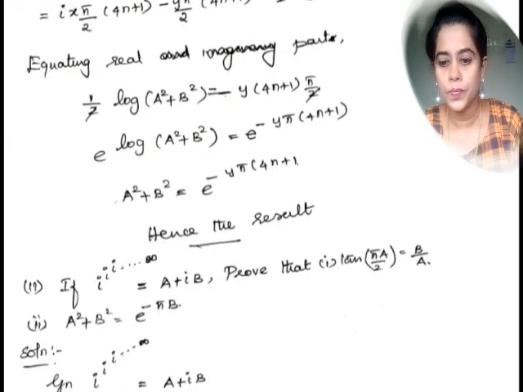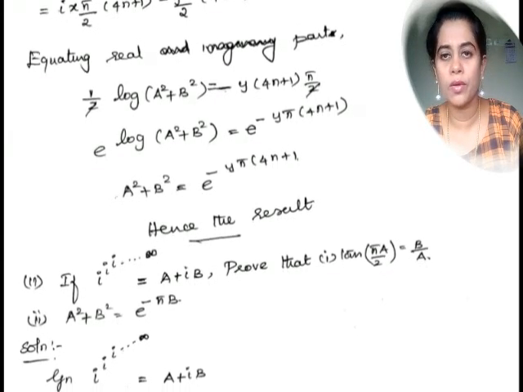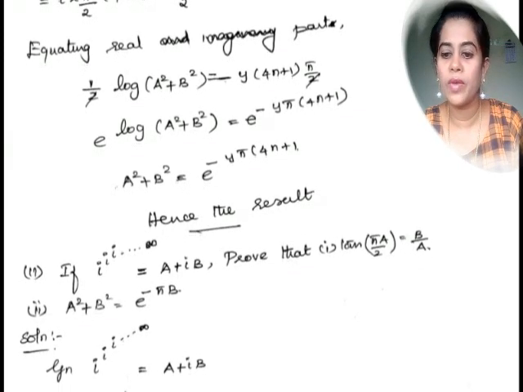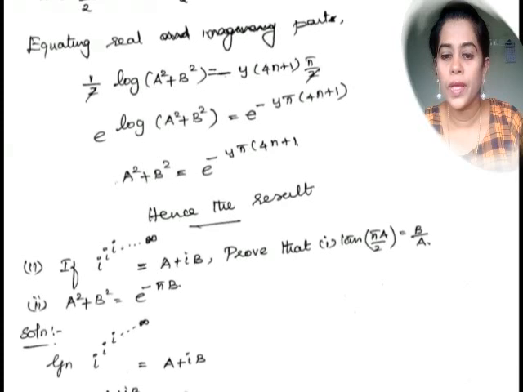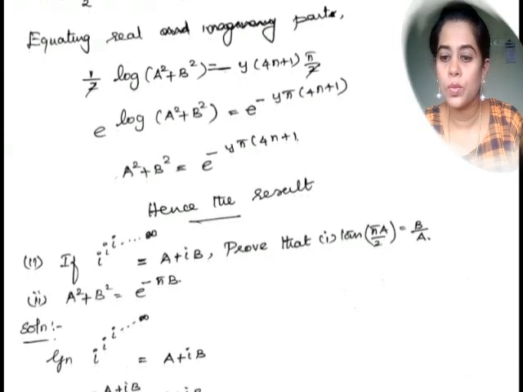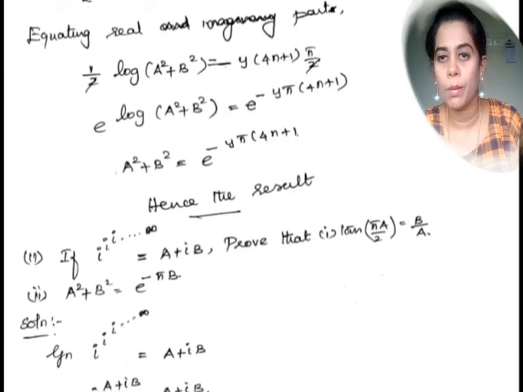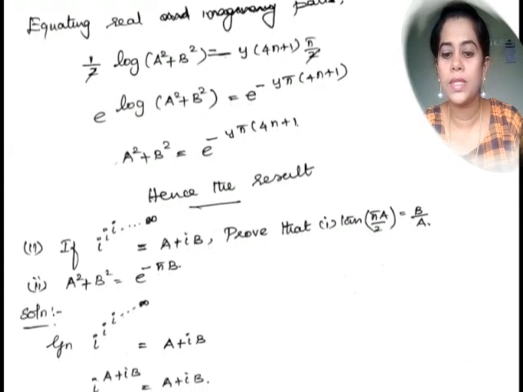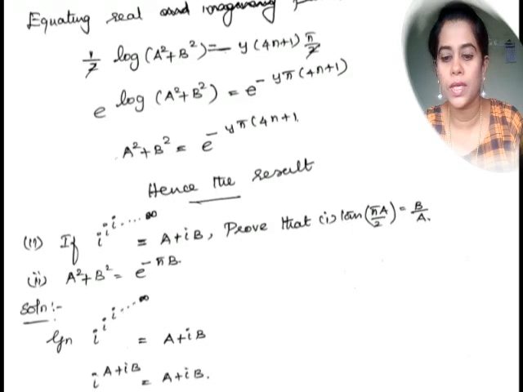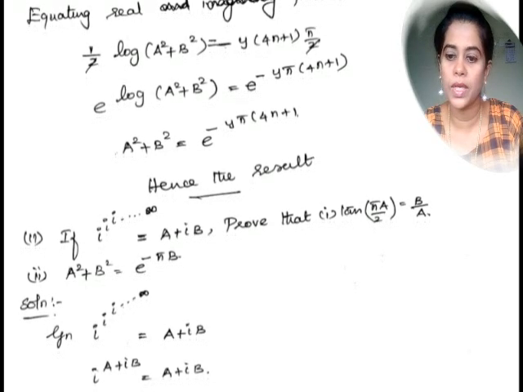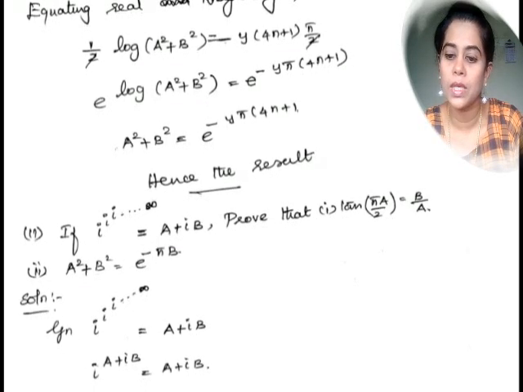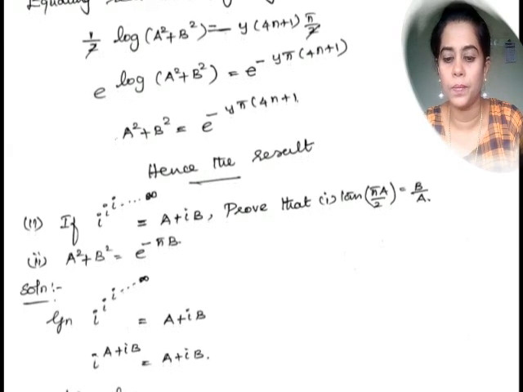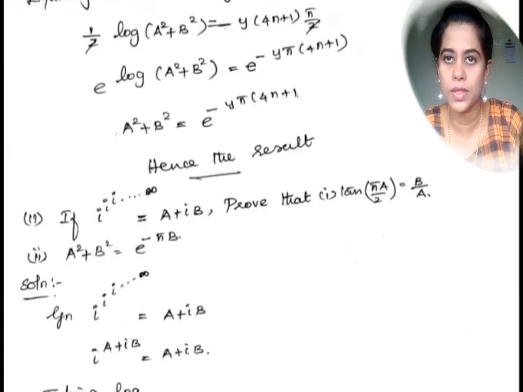The 2 in the denominator of both sides will get cancelled. The remaining is log of (a squared plus b squared) equal to minus y pi (4n plus 1). Raising e on both sides, e power log of (a squared plus b squared) is nothing but a squared plus b squared, equal to e power of minus y pi into (4n plus 1). Hence we proved the result.